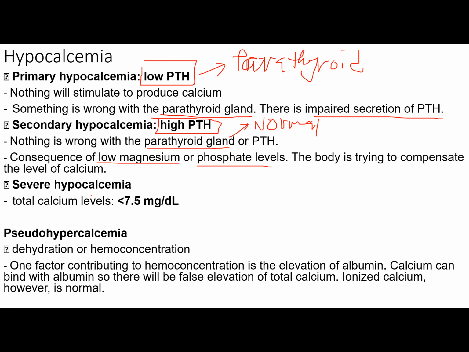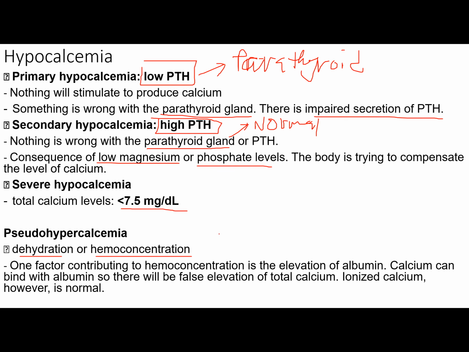Then we have your severe hypocalcemia, seen when the total calcium levels are less than 7.5 milligram per DL. Then there's also your false or your pseudo hypercalcemia, false increase ng calcium, seen in dehydration or hemoconcentration.